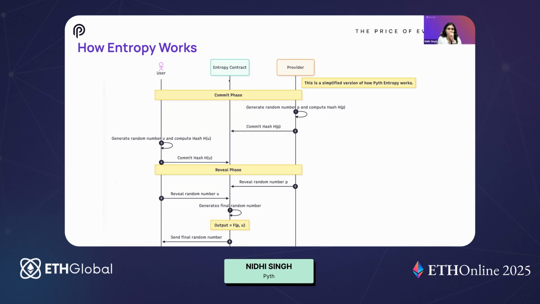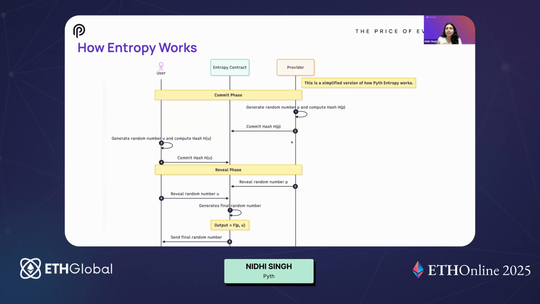Then both of you compute the hash of the random number and commit that hash onto the blockchain. At this point, the user and provider have generated a random number, computed the hash, and committed it onto the blockchain. That's the end of the commitment phase.